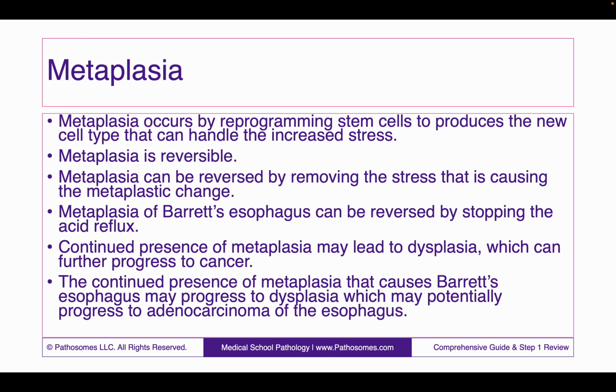Continued presence of metaplasia may lead to dysplasia, which can further progress to cancer. The continued presence of metaplasia that causes Barrett's esophagus may progress to dysplasia, which may potentially progress to adenocarcinoma of the esophagus. For all you future ENTs out there, be on the lookout for Barrett's esophagus.